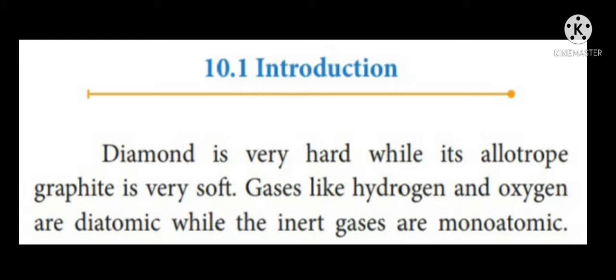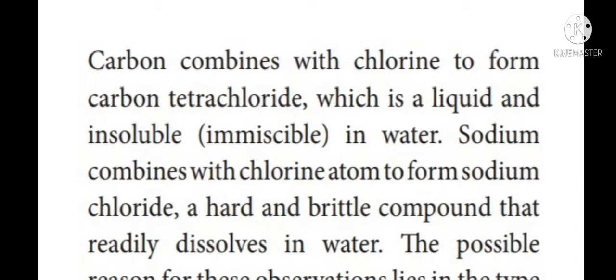Diamond and graphite are allotropes of carbon, in which diamond is very hard and graphite is very soft, whereas gases like hydrogen and oxygen are present in diatomic form, while inert gases are present in monatomic form.